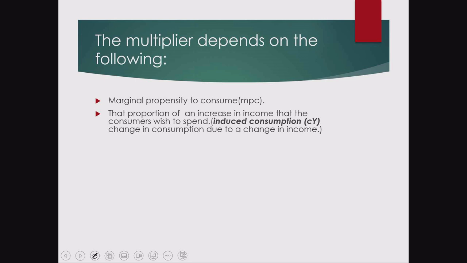On that note, I also need to mention what is known as the induced consumption, which is denoted as a small letter c with a capital letter Y. Induced consumption is that consumption that depends on your income.